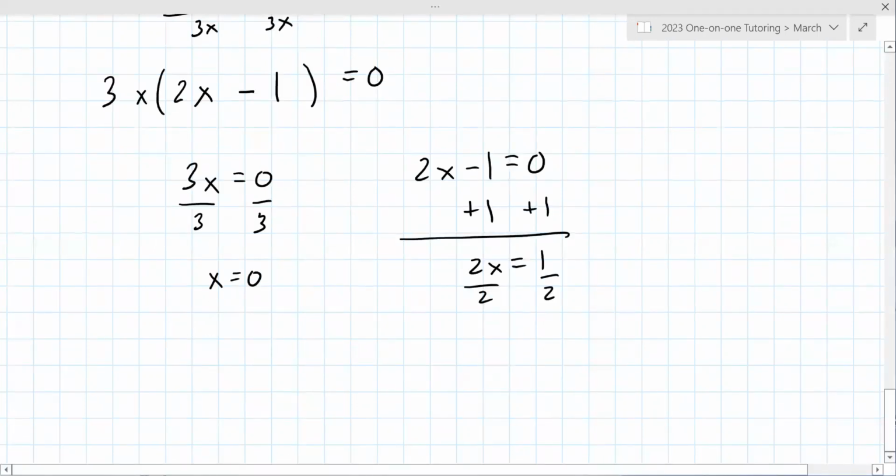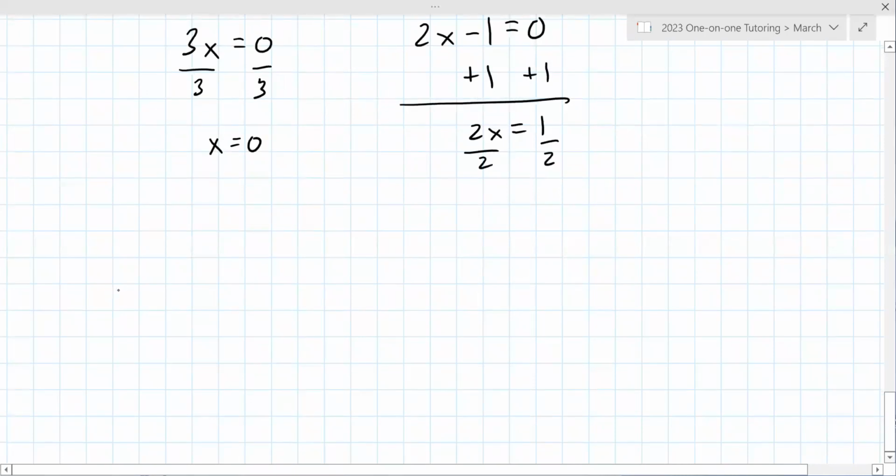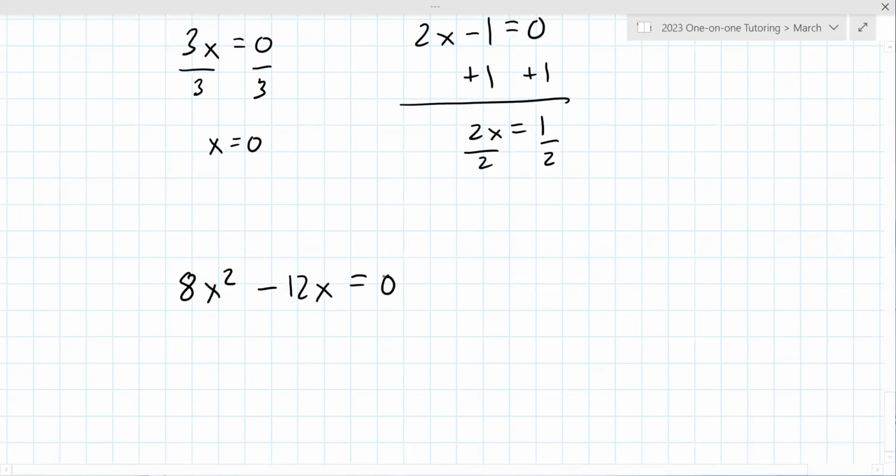All right, so let's have you try one here. Let's go 8x squared minus 12x equals 0. So all the terms are already on the left. What is the greatest common factor between 8 and 12? 4. Okay.